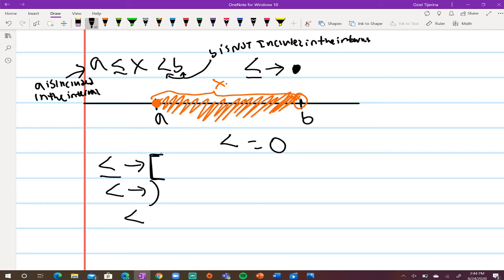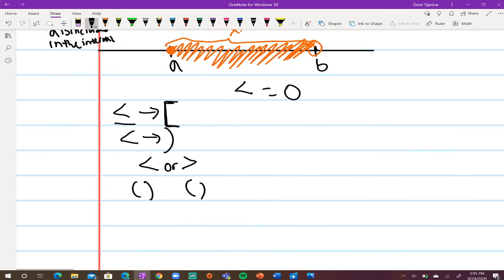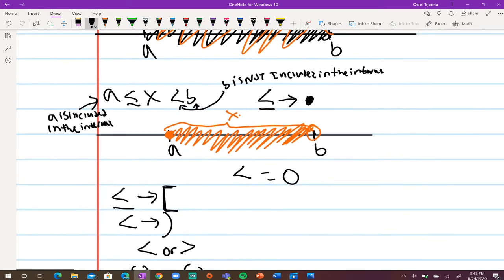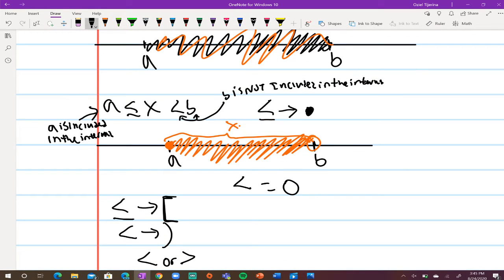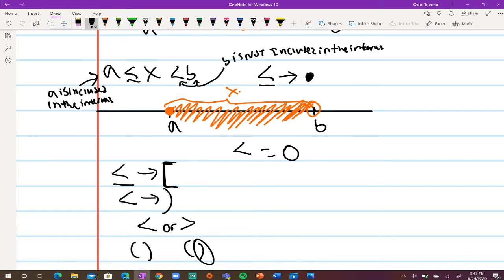Always when you have this, it's a parentheses. It's basically when this one comes after, it's most likely going to be this one.